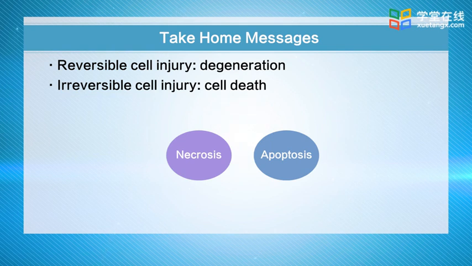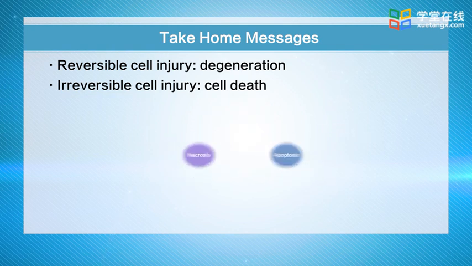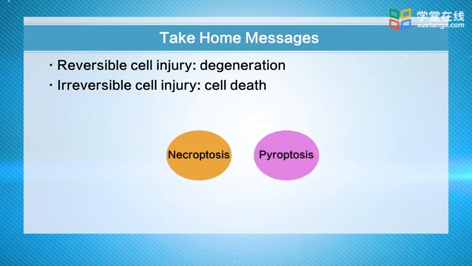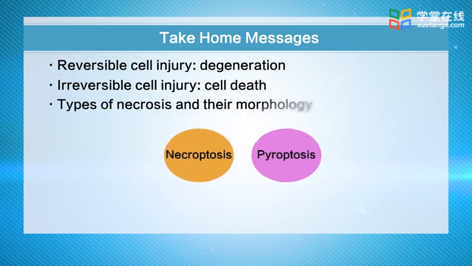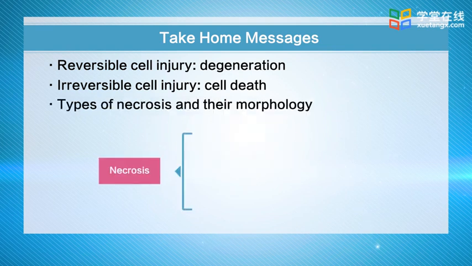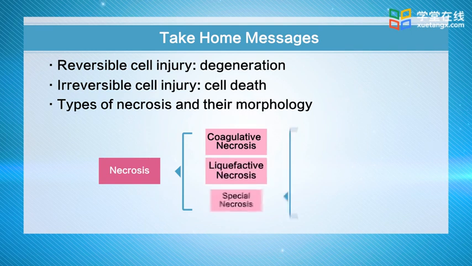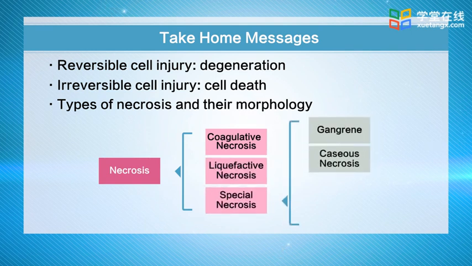The other two unusual forms of cell death are necroptosis and pyroptosis. Under different conditions, types of necrosis vary and they include coagulative, liquefactive, gangrenous, caseous, fat, and fibrinoid necrosis.